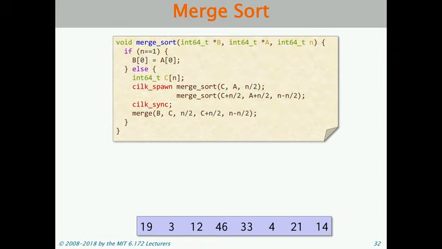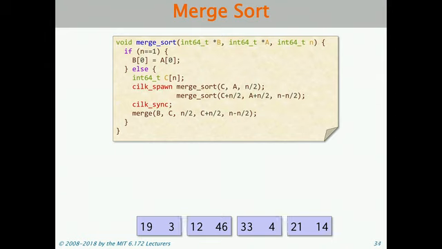So now let's look at merge sort. Recall that merge sort has 2 recursive calls to itself on inputs of half the size, and then it does a merge at the end to merge the 2 sorted outputs of its recursive calls. If you look at how the recursion proceeds, it's first going to divide the input array into 2 halves.